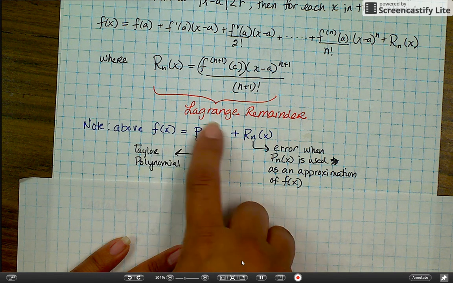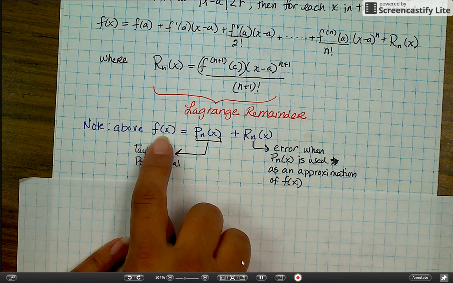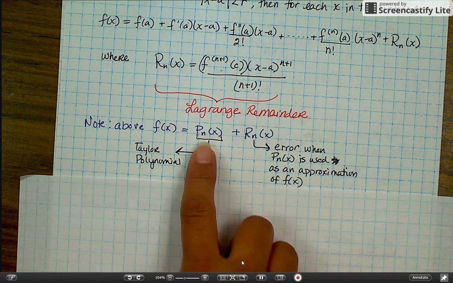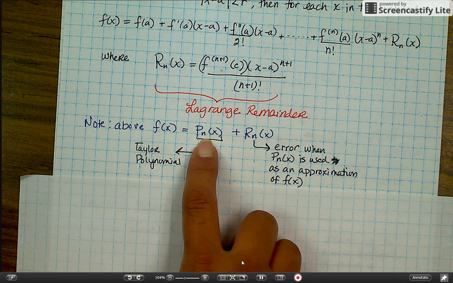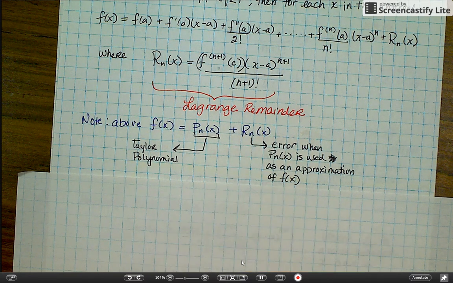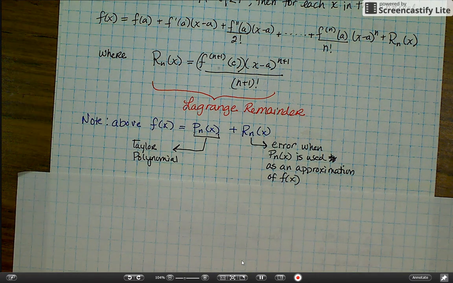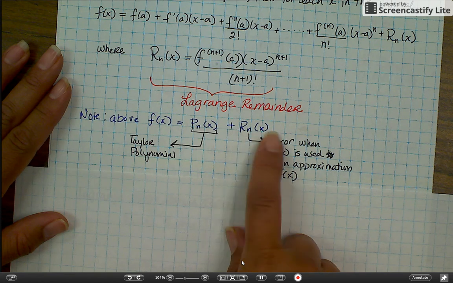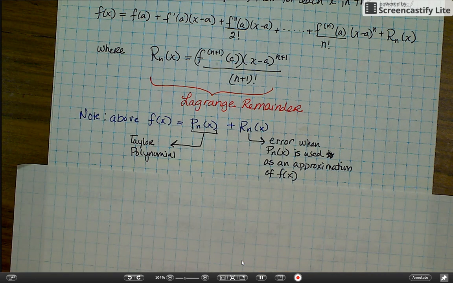So let's say you only take a polynomial of up to 3 terms. Then the rest of it would be your remainder, okay? So that's what your R_n(x) represents, okay?